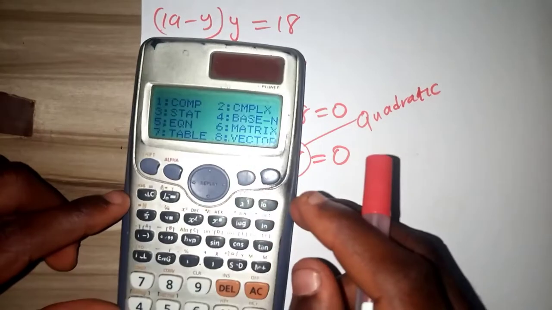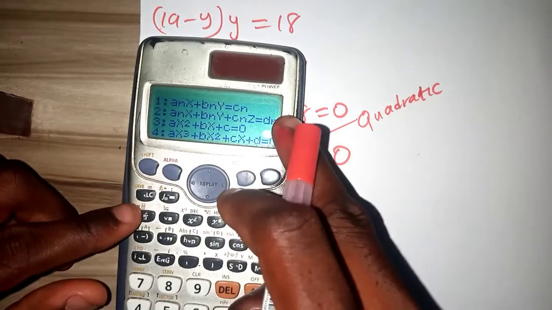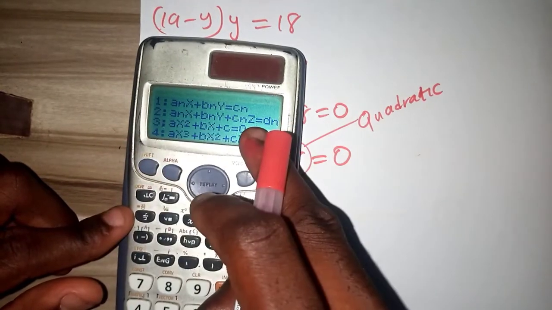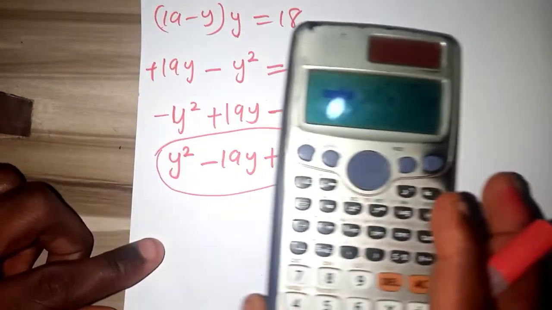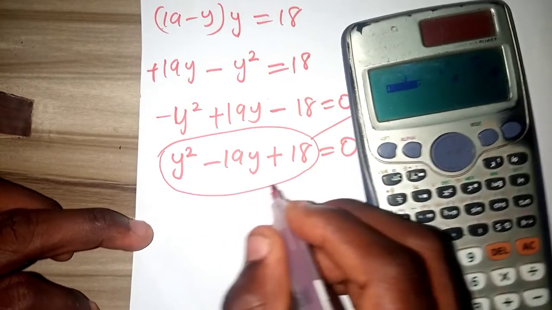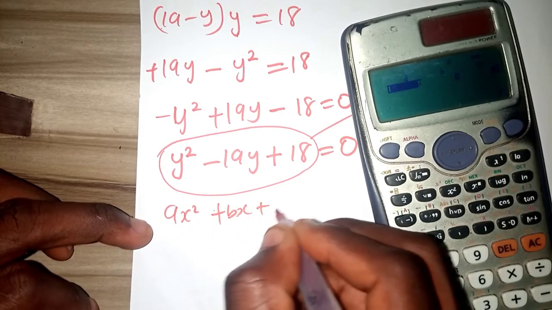So we press mode, then you press 5 under equation. Then the first one is simultaneous equation of 2, second one is simultaneous equation of 3, the third one is quadratic equation that we are looking for. Then we press 3. Don't forget that this quadratic equation is in the form of ax squared plus bx plus c.